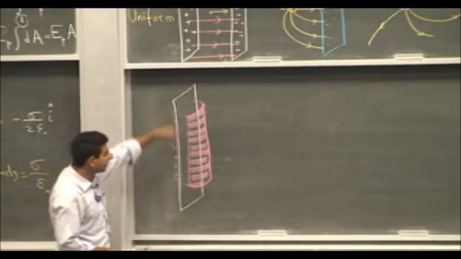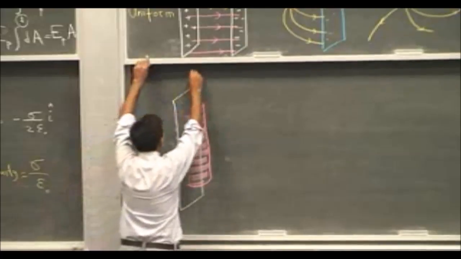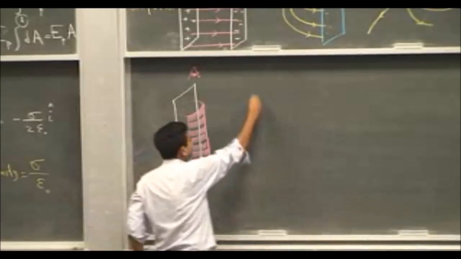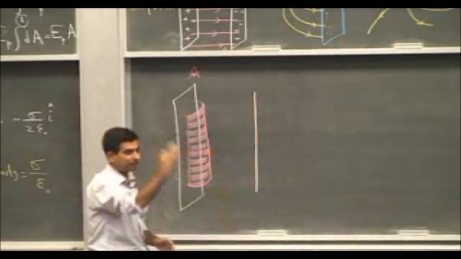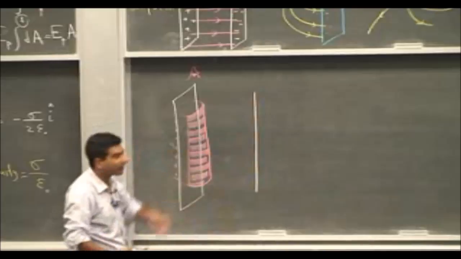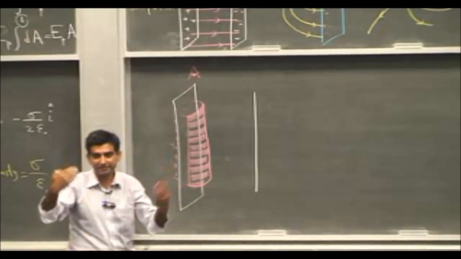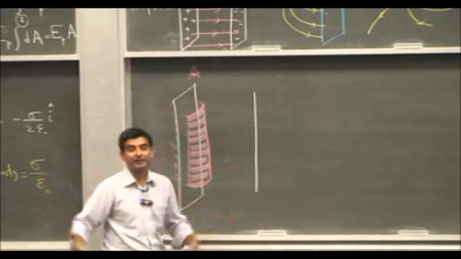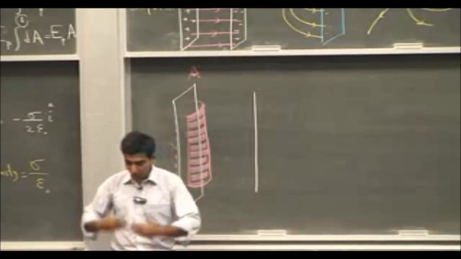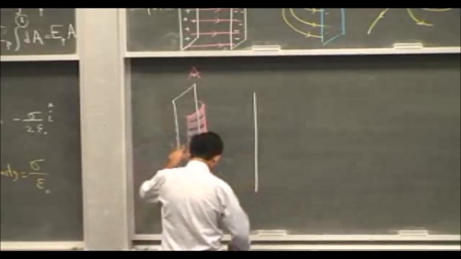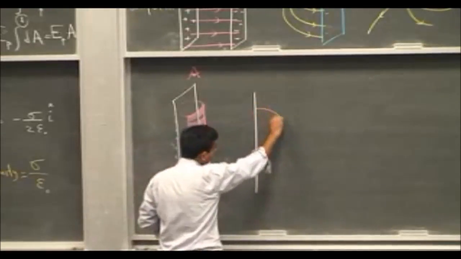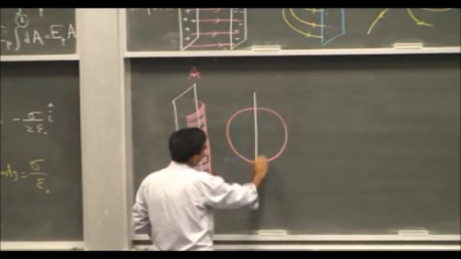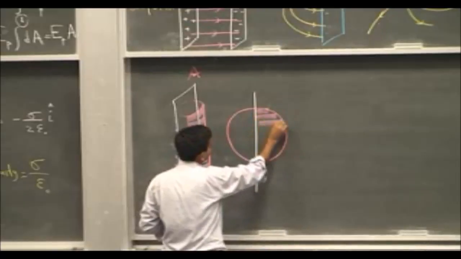So if I look at this sheet of charge from the top, I see the top of the sheet, even though I cannot really look at the sheet because it's infinitely sized. But let's assume I'm far away, I'm some supernatural being and I'm really far away, I can go beyond infinity. I see the top of the sheet and I see this cylinder. One half of this cylinder is here and one half of this cylinder is here. And this is the cross section of the cylinder that I've drawn.